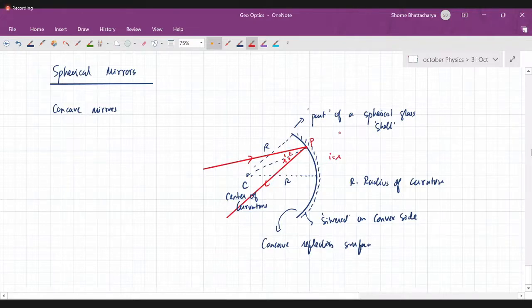So this is the general principle we'll apply for concave mirrors. And using this, you'll see how to develop a formula for the position of the image for a given object in front. And from that, we will understand the whole concept of focal length and things like that.